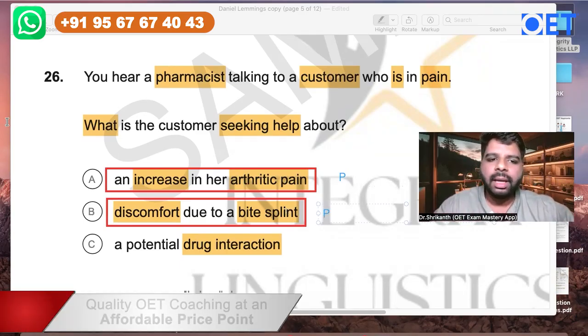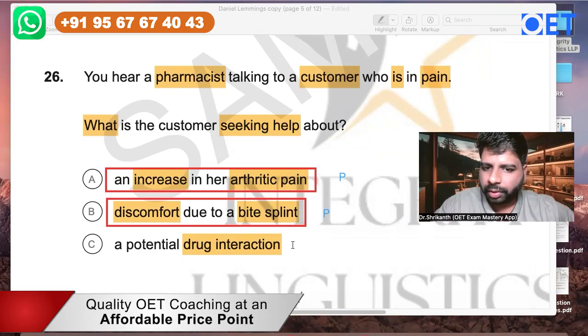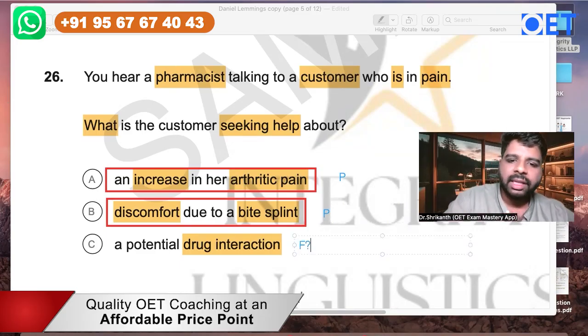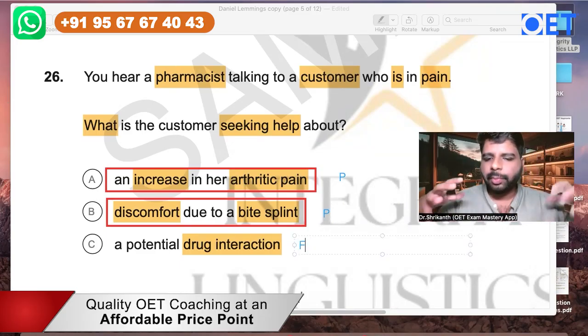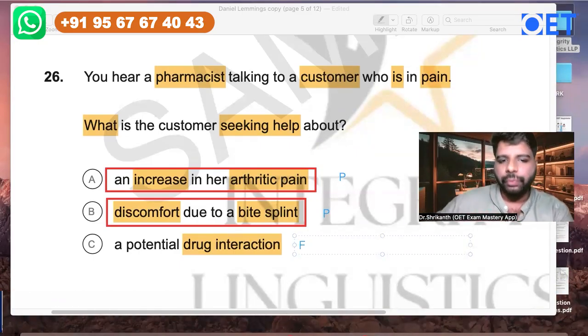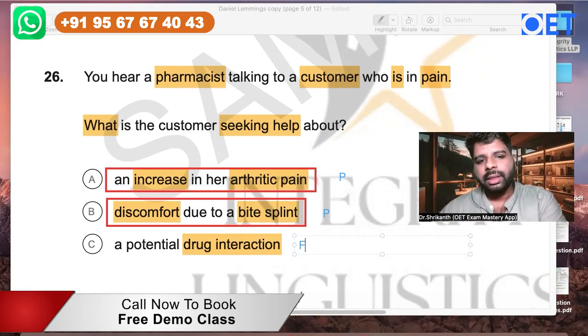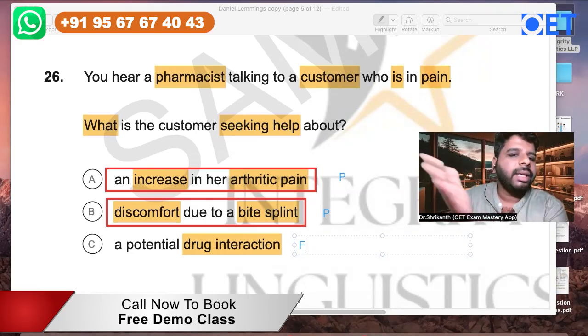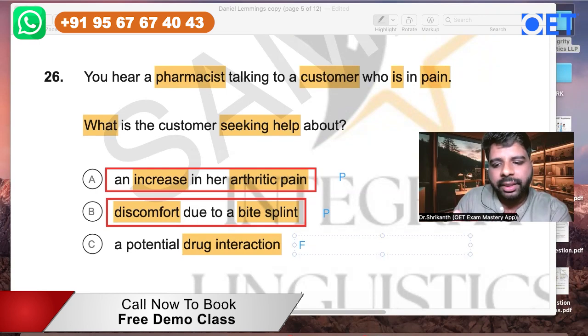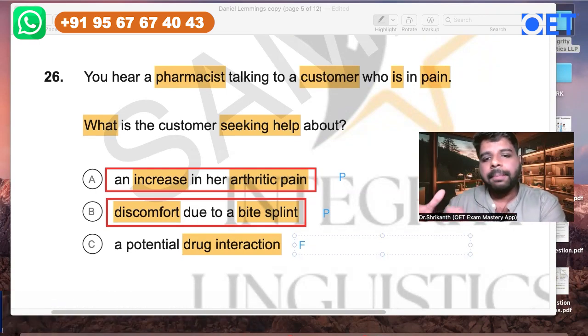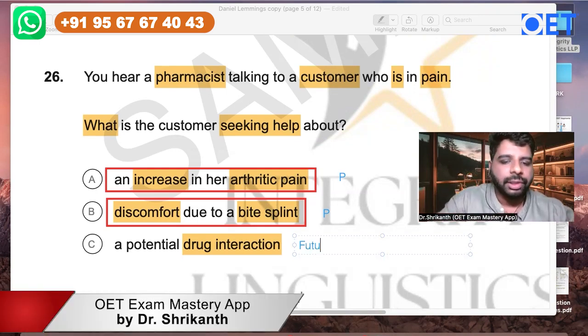But answer option C is also a problem. However, this problem does not exist yet. It does not exist in the present; it may exist in the future. She wants to prevent that problem, so she is seeking a solution to prevent a problem that may happen in the future.